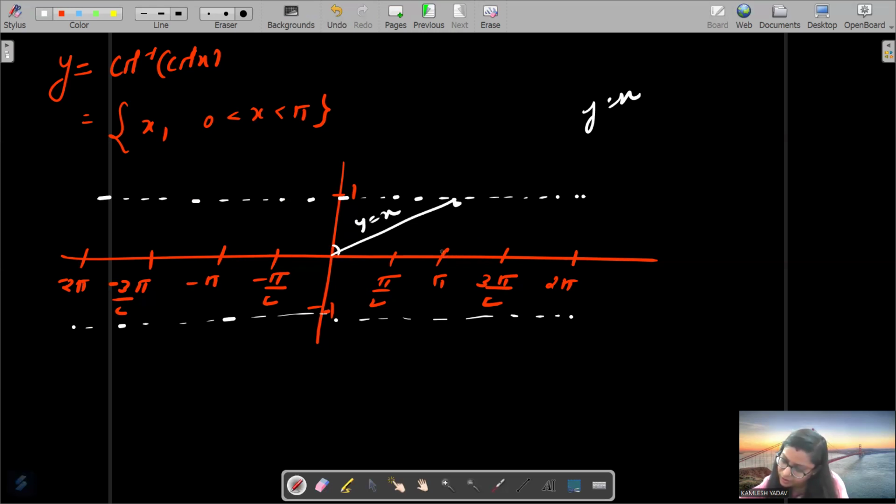Okay, now the next one is for 0 to pi, same like this, same like this. Okay, so this is the graph of cot inverse of cot x, right? Then we go for the next graph.